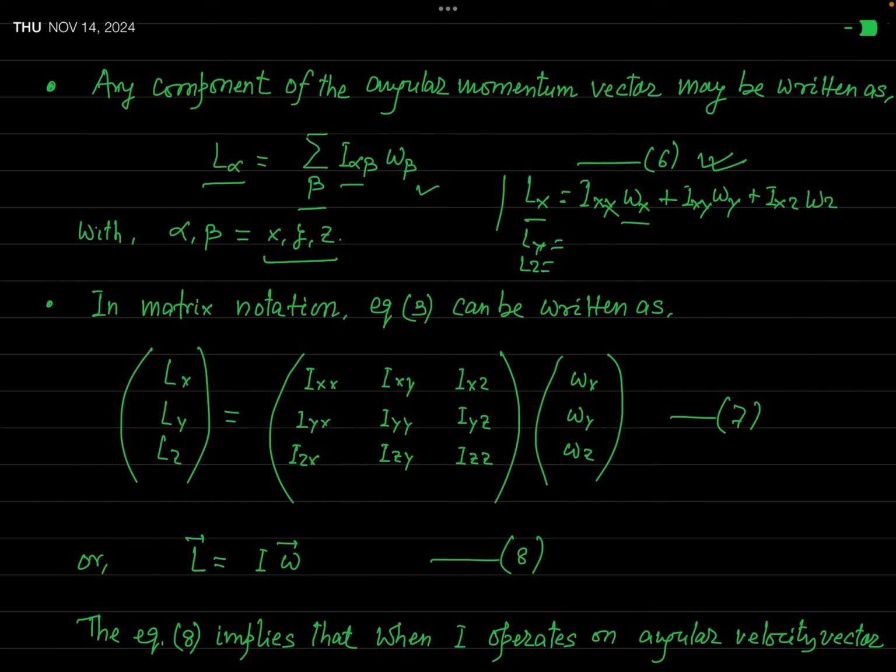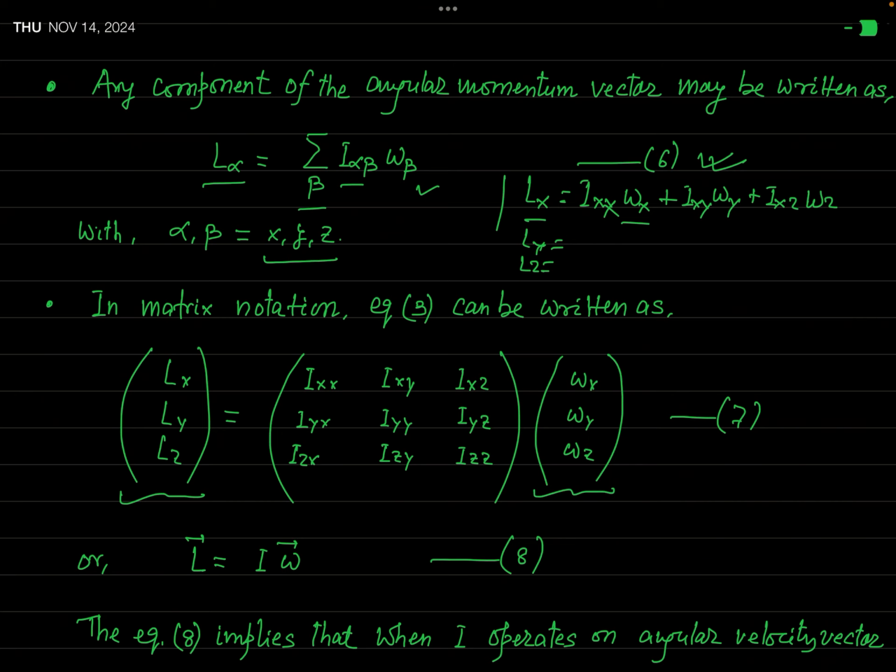You can see it here. This is the matrix form of that very equation. On the LHS I have written a column matrix, or column vector, Lx, Ly, Lz, which are the x, y and z components of the angular momentum vector. On the RHS, in place of omega, there is another column vector, omega x, omega y, omega z.